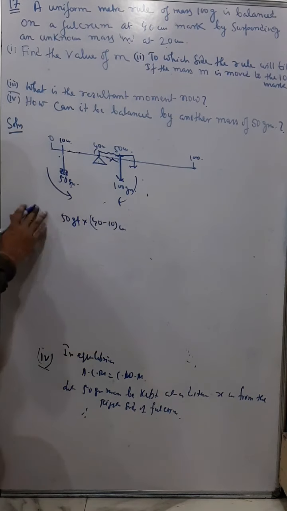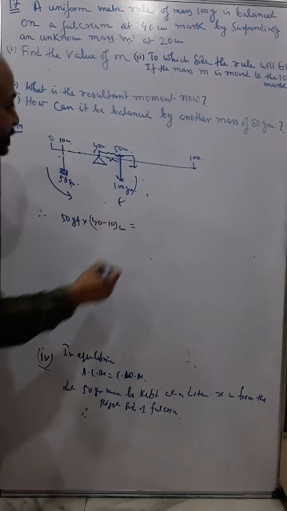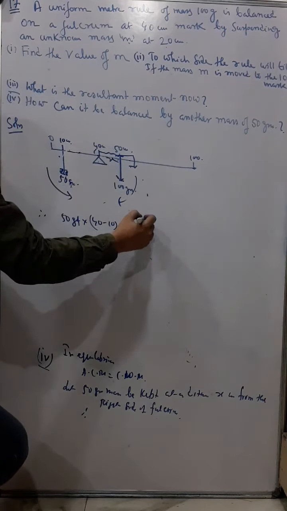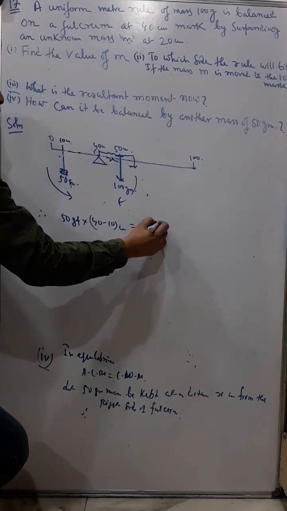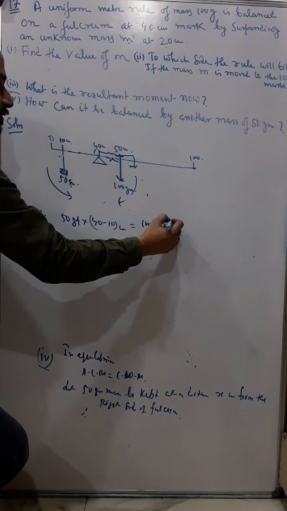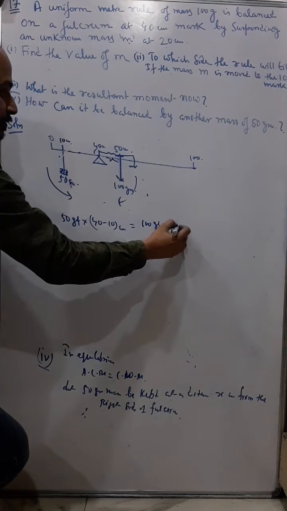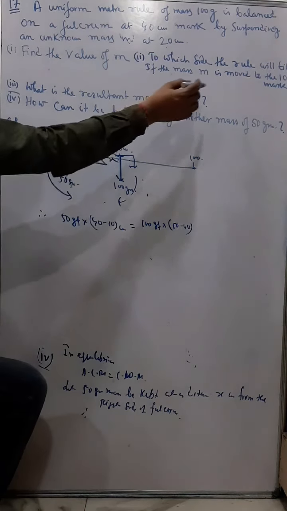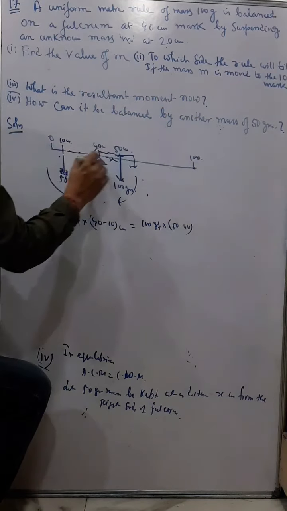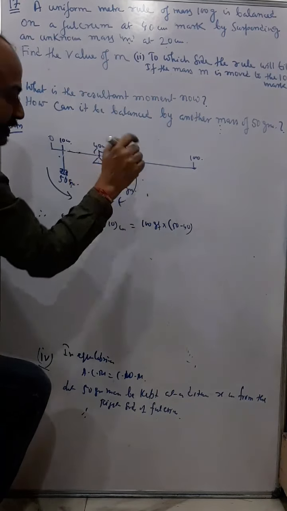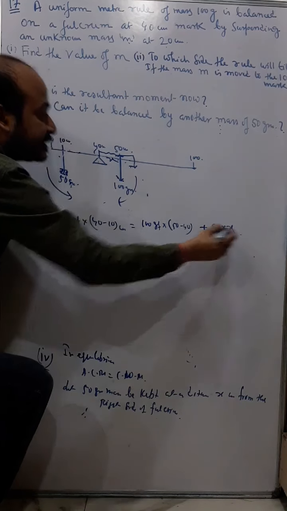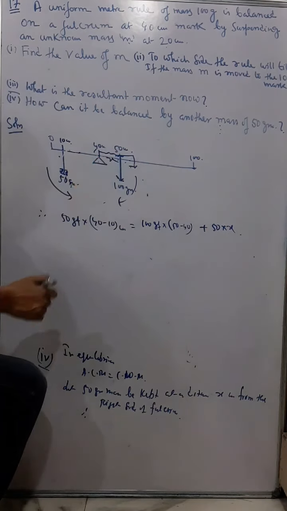This is the anti-clockwise moment and should be equal to the clockwise moment. Now the clockwise moment, this was 100 into 10. And since I don't know where to keep this 50 gram, I have taken x from the right side of the fulcrum. So I can simply say it is 50 into x, this distance from the fulcrum.